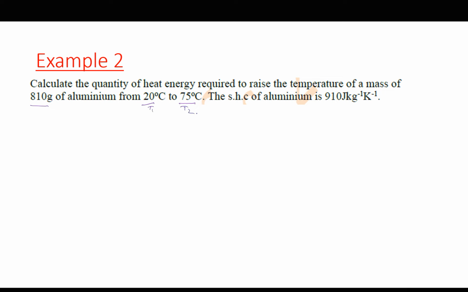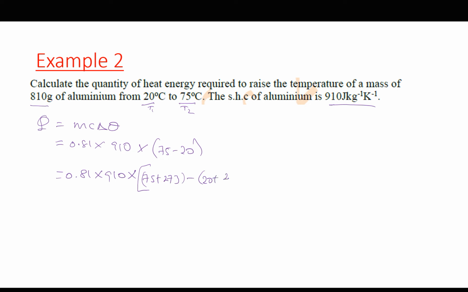Note that here I don't add plus 273. If I want to add plus 273, this is the same as 0.81 times 910 times (75 plus 273 minus 20 plus 273). Any mathematician sees that 273 cancels out, which takes you back to the same value.